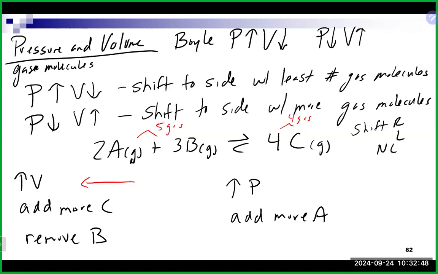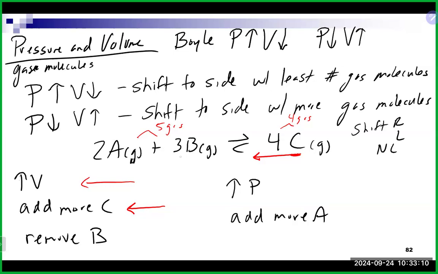I'm going to add more C in this case. C is a product, which means I have now more products than, say, reactants. That should kick off the reverse reaction to occur. And that should cause it to shift away from the side we added it to and basically head towards our reactant side.